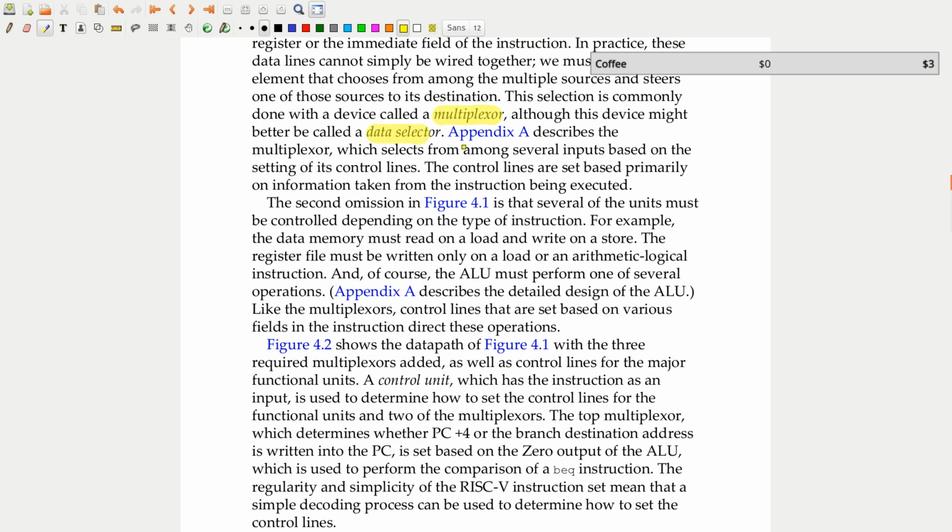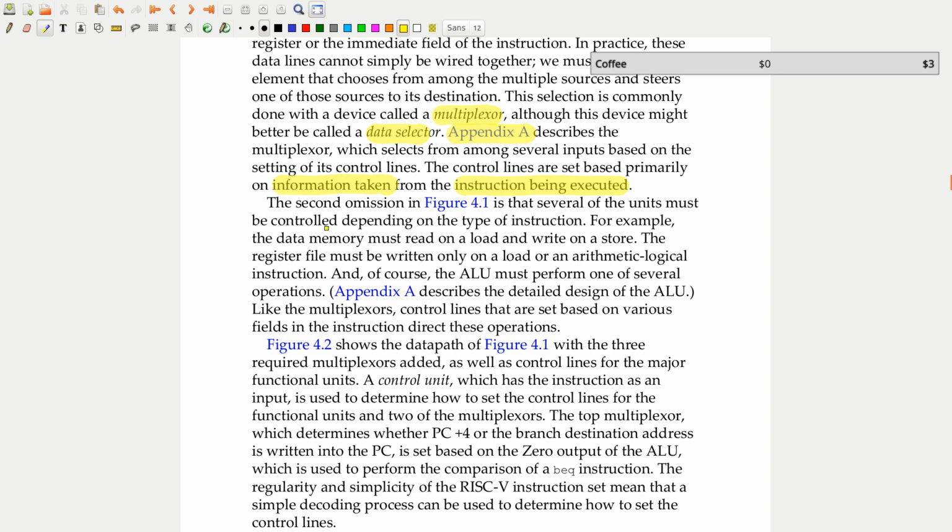So Appendix A describes the multiplexer, but all we really need to know is that we need some kind of control line that's going to select which input we're taking. And so the control lines are set based primarily on information taken from the instruction being executed. So after we get that instruction from instruction memory, we typically have enough information to set all of the control logic.